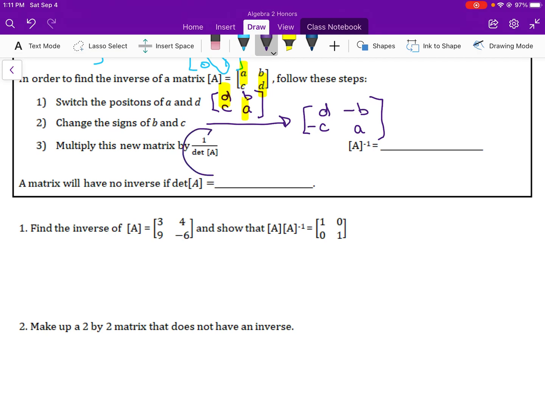And then we multiply this new matrix by 1 over the determinant of the original matrix.